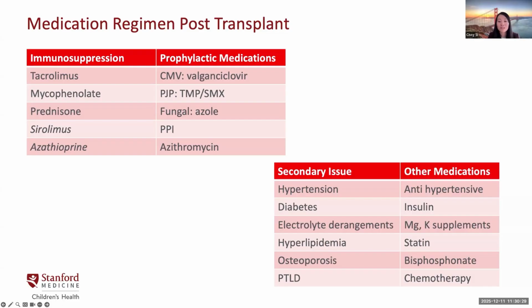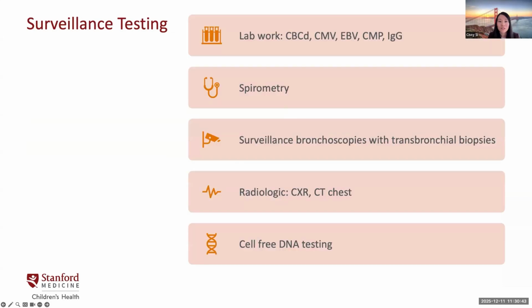PTLD is something that certainly can develop post-transplant, given the need for immunosuppression, with treatment requiring chemotherapy. And so for surveillance testing for these patients, patients undergo lots and lots of surveillance, including lab work, lung function testing, surveillance bronchoscopies with BAL and transbronchial biopsies.